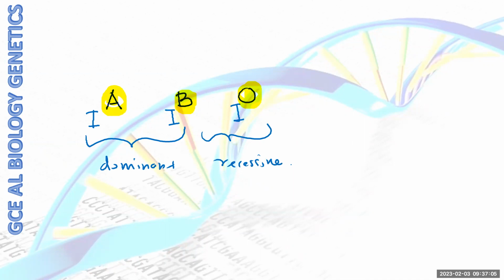Dominant and recessive means that when O is with A or B allele, only A or B is expressed.